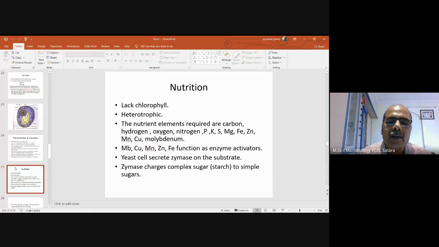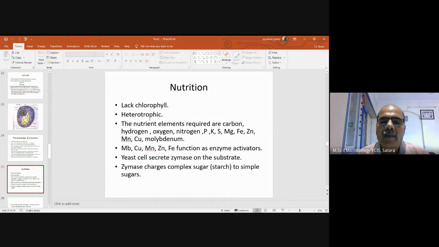They have to depend on ready-made food material obtained from the plants. The nutrient elements required are carbon, hydrogen, oxygen, nitrogen, phosphorus, potassium, sulfur, magnesium, iron, zinc, manganese, copper, molybdenum.